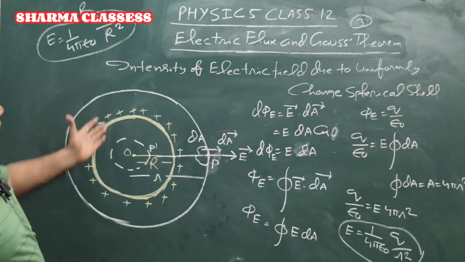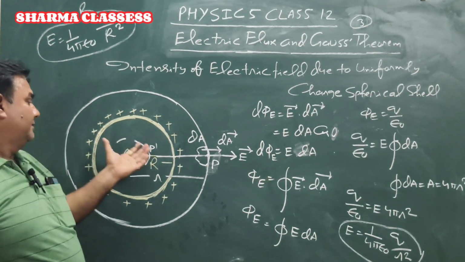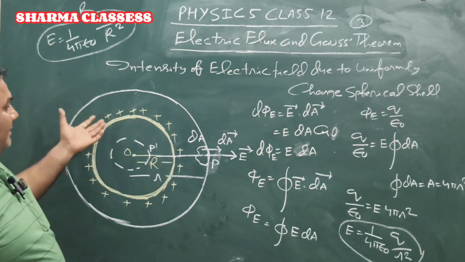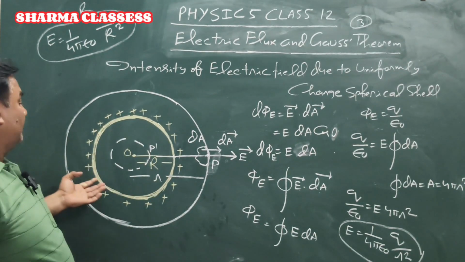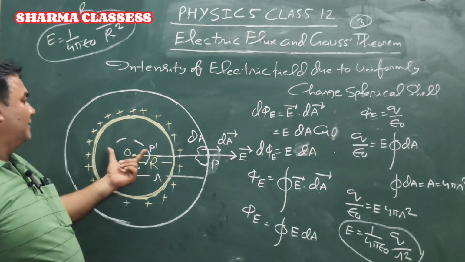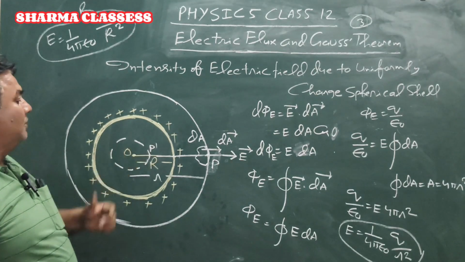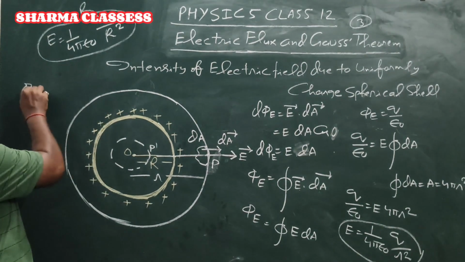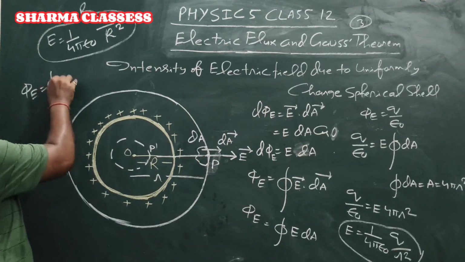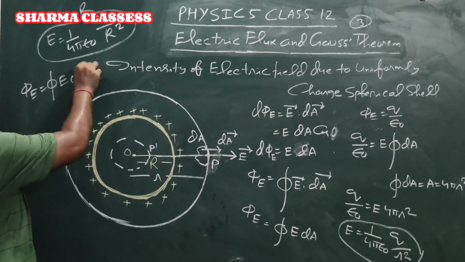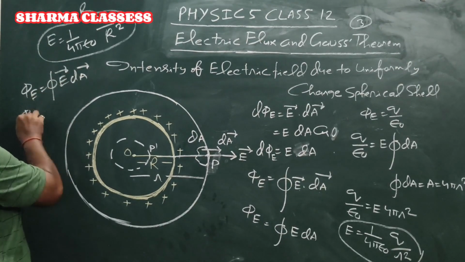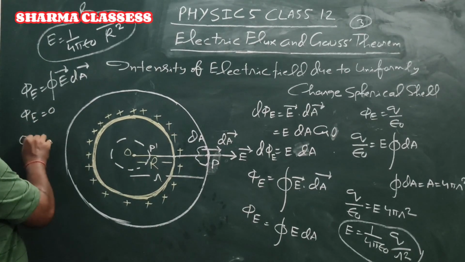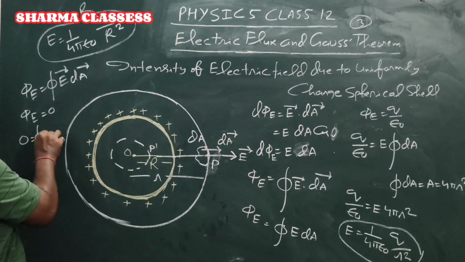All charges are outside of this Gaussian surface, and you know that when any charge is outside of a closed surface, the electric flux through the closed surface is zero. So the electric flux through this closed surface, phi, is the integration of E dot dA, but phi is 0, so 0 equals the integration of E dot dA.